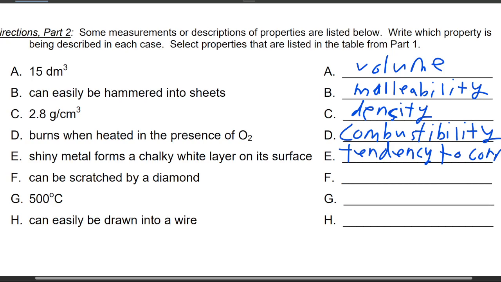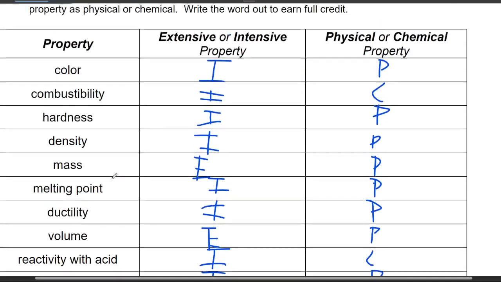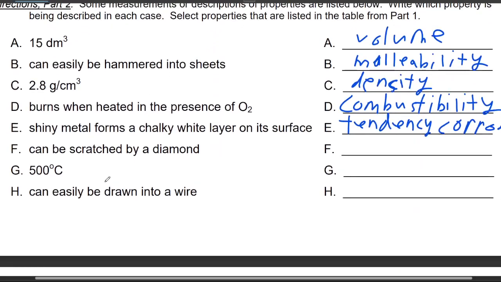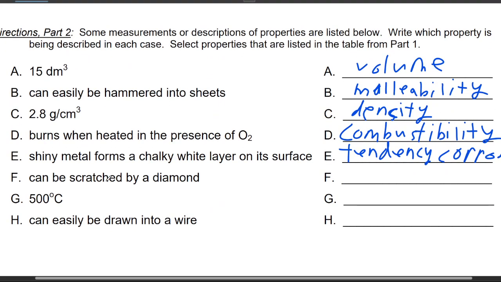Well, I'll just remove "tendency to" and just write corrode here. These are all properties that are on the list above here, by the way. So I don't necessarily have them all up. I can't fit them all onto one screen, but there you go.